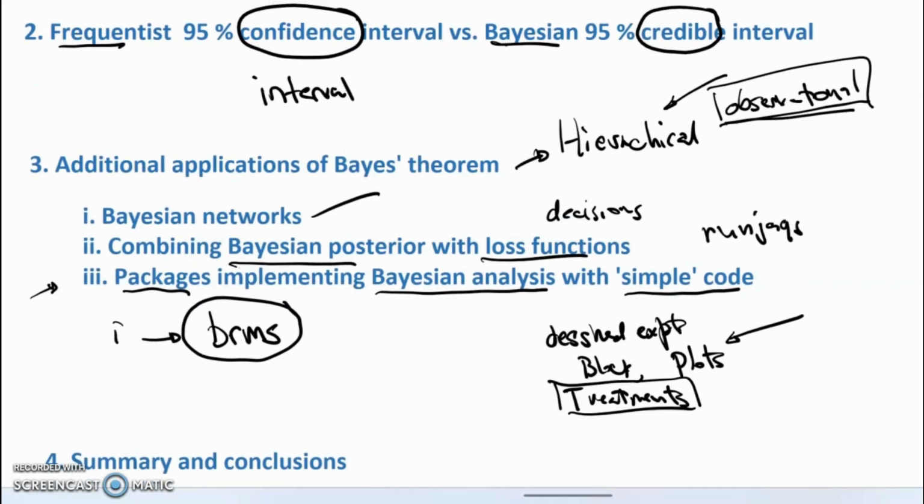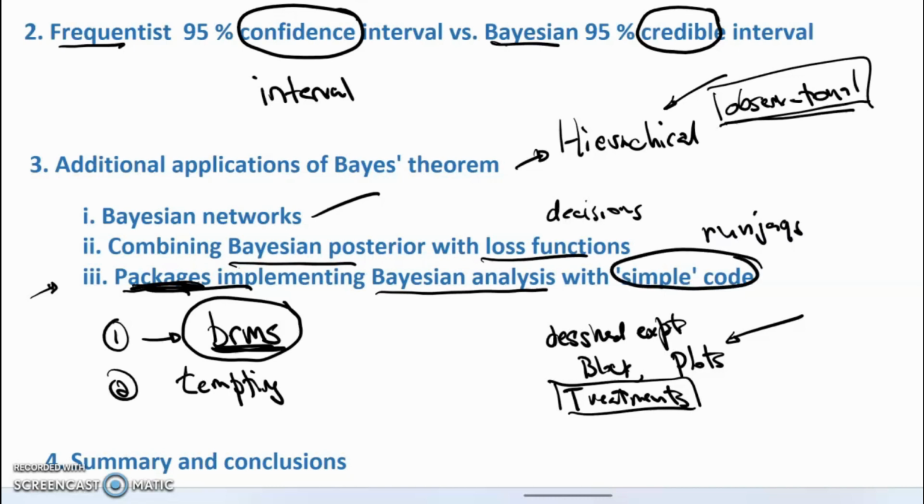The second reason I want to go over BRMS is that with many of these packages, you're going to see them and they're going to be tempting to use because, like BRMS, they've got relatively simple code. They've got simple code and they also can be very powerful.